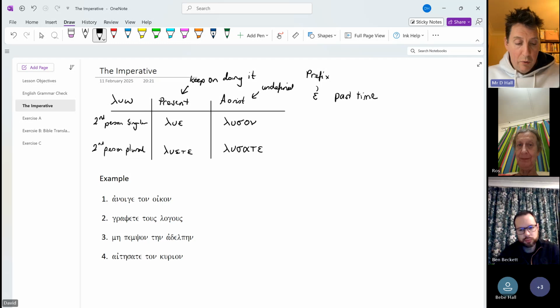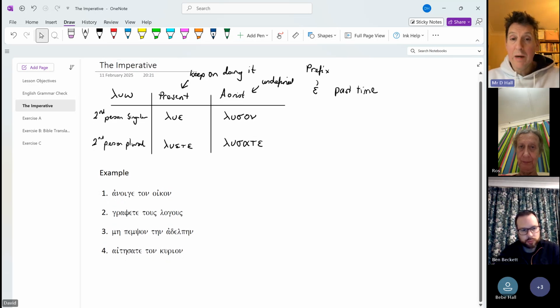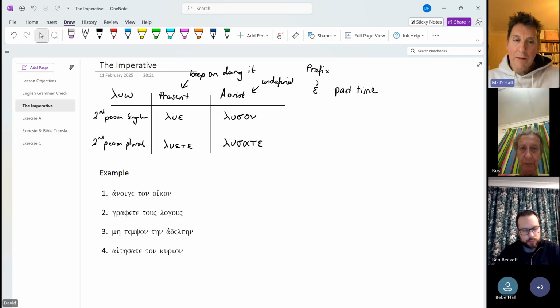Let's have a look at a couple of examples, just to think about how we might translate it. In translation, you may well translate it in a simple sense, or they may come across as being translated the same. But it's probably quite useful to get your thinking around what it means to put an imperative in the present and in the aorist when you're translating.